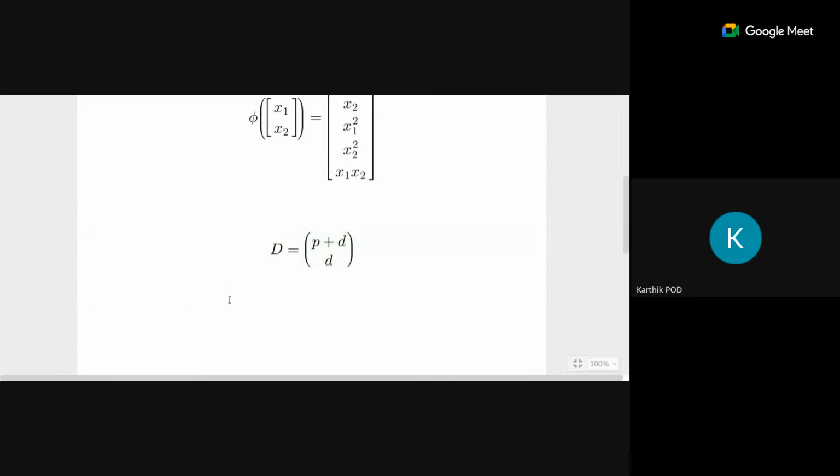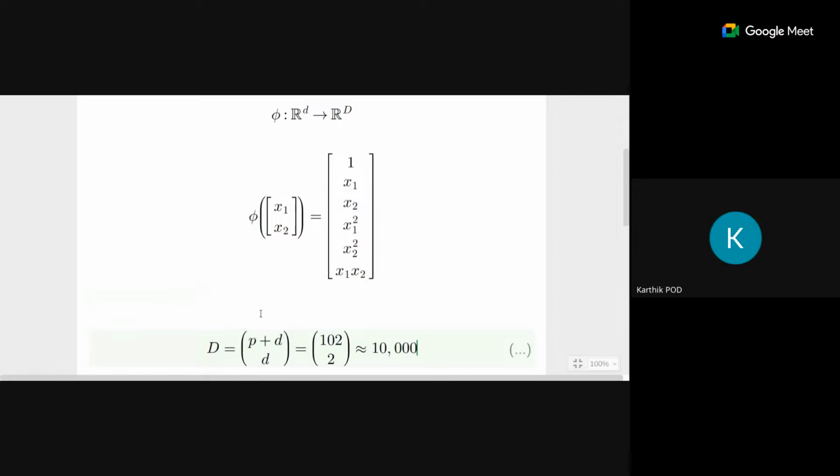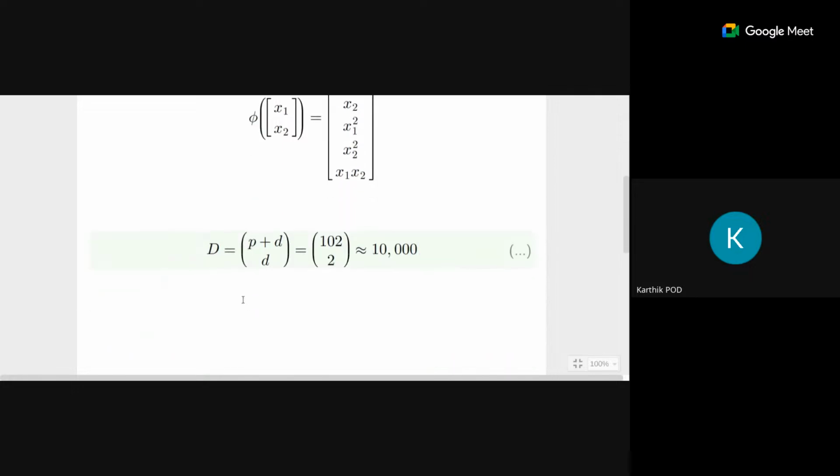Okay. So if you have something like, say, 100 features to begin with, and even if you're doing only a degree 2 transform, this will be 100 choose 2, and this is roughly 10,000. So you'll have to deal with a covariance matrix of dimension 10,000 cross 10,000. So that's huge. Okay. So explicitly computing phi of x is not really a good idea.